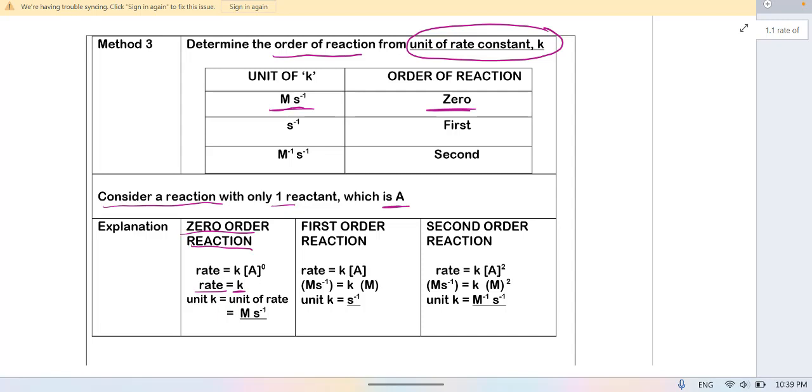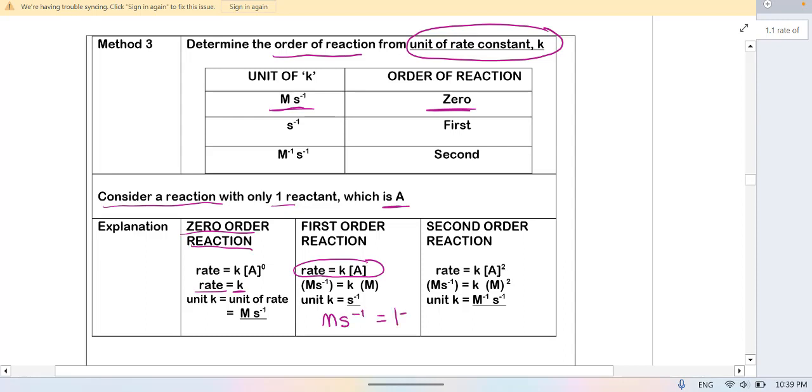Okay, katakanlah dia adalah first order. So unit of K adalah rate bahagikan juga dengan concentration. So rate unit dia adalah MS negatif 1. So concentration unit dia adalah molar lah. So kita cancel. Dapatlah unit K untuk first order reaction which is per second.